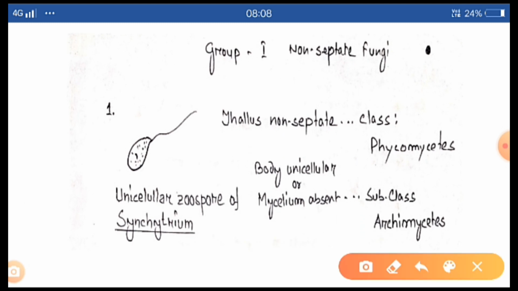Look at this structure. This is a non-septate unicellular zoospore of Synchytrium. Since the body is non-septate, hence it is placed under class Phycomycetes.